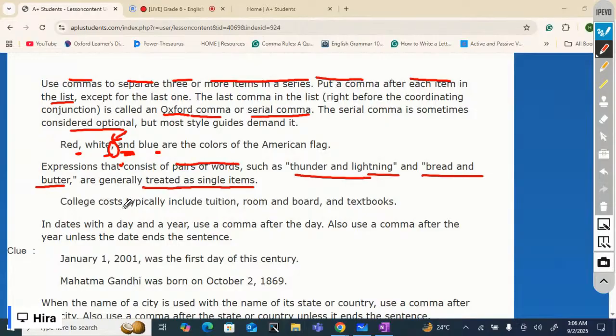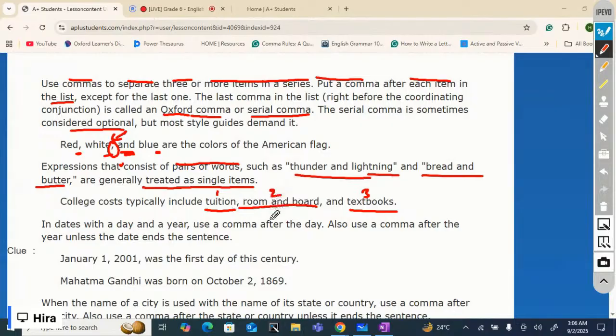College costs typically include tuition, room and board, and textbooks. Now, in this one, tuition is one word, textbooks is also one word, but room and board is a pair of words, so it will be considered one item. So there are three items in a series, not four.